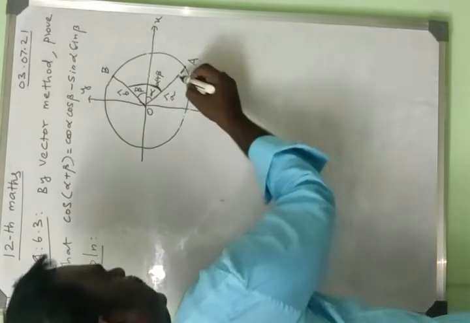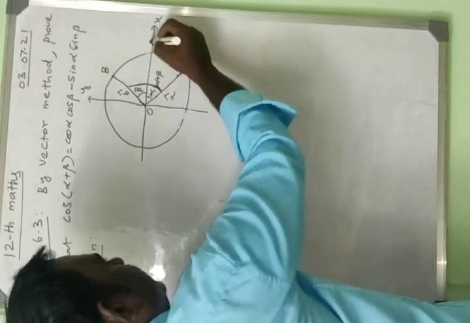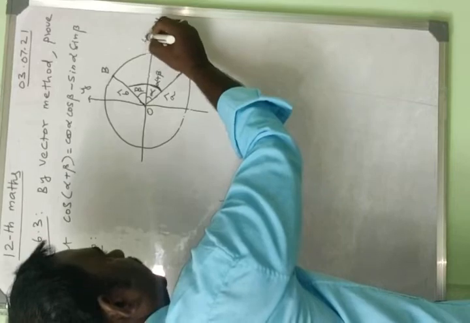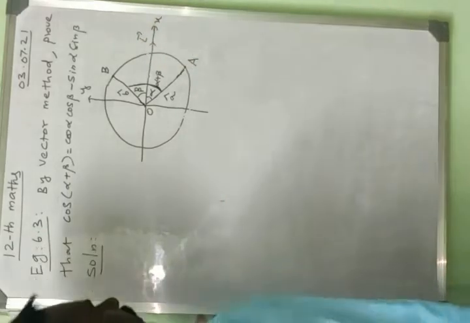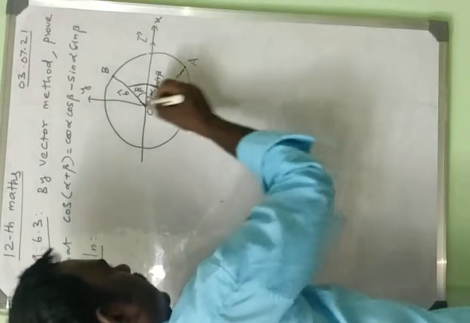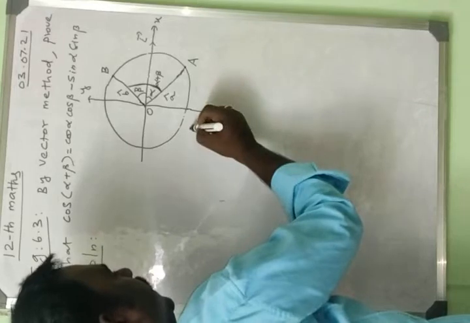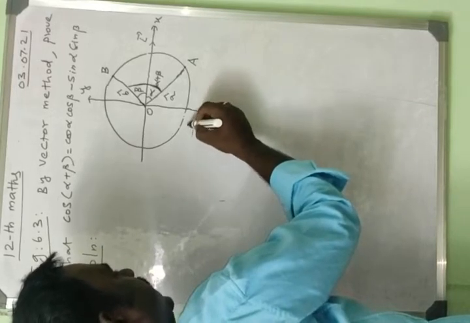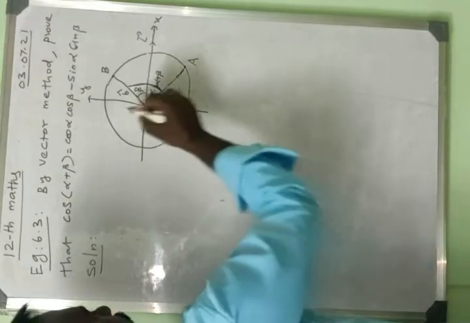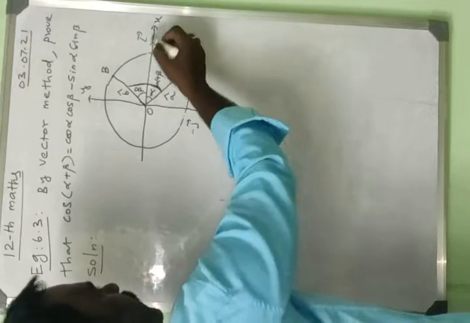Next, on the x-axis we mark the unit vector i, and on the y-axis the unit vector j. Here the negative axis we put minus j, here plus j, here minus i, here plus i.